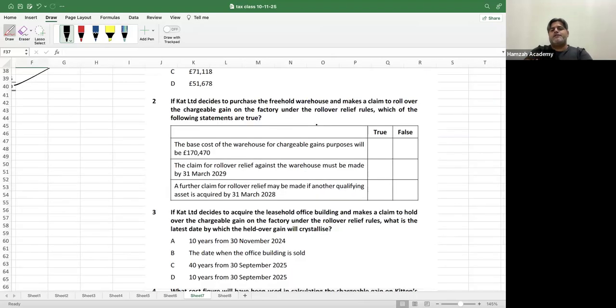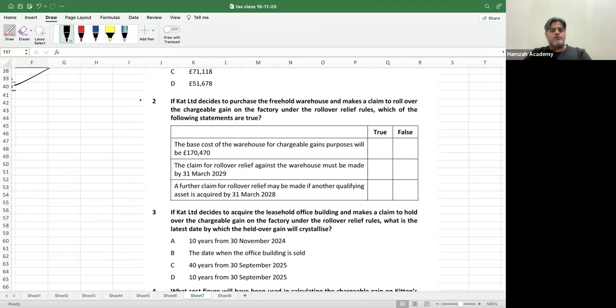Now, if Kate Limited decides to purchase the freehold warehouse and makes a claim to roll over the chargeable gain on the factory under the rollover relief rules, which of the following statements are true? The base cost of the warehouse for chargeable gain purposes will be 174,700.